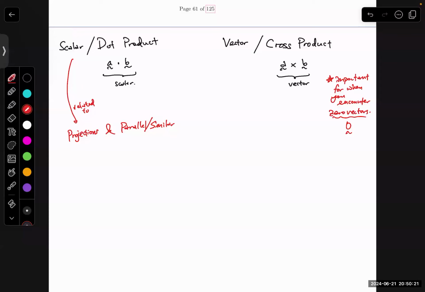In H2 physics, usually we can decompose a vector into its, let's say, X component and Y component, right?